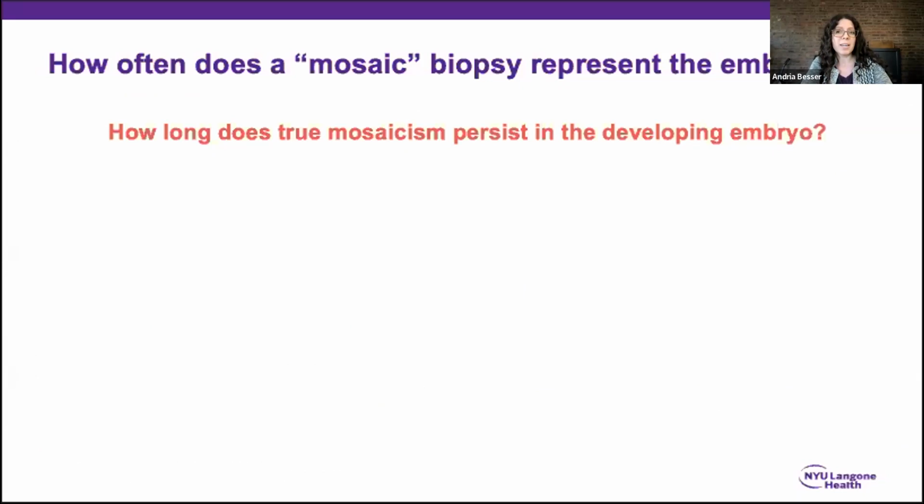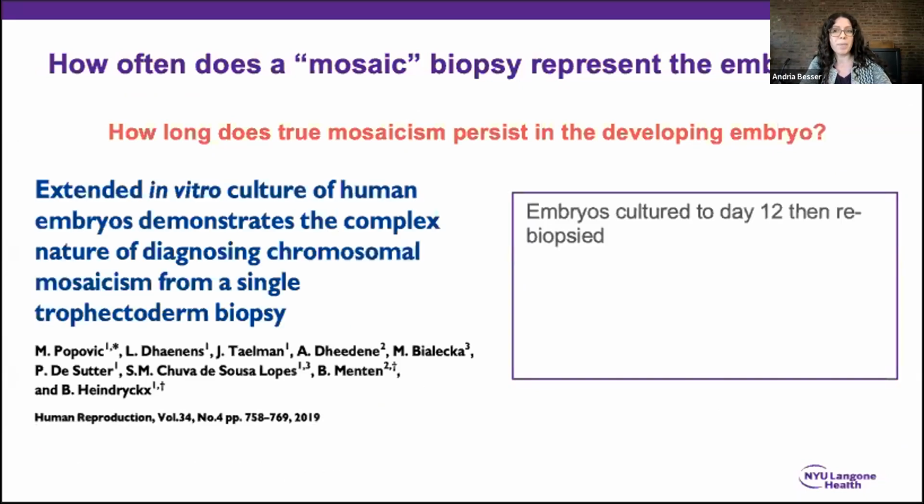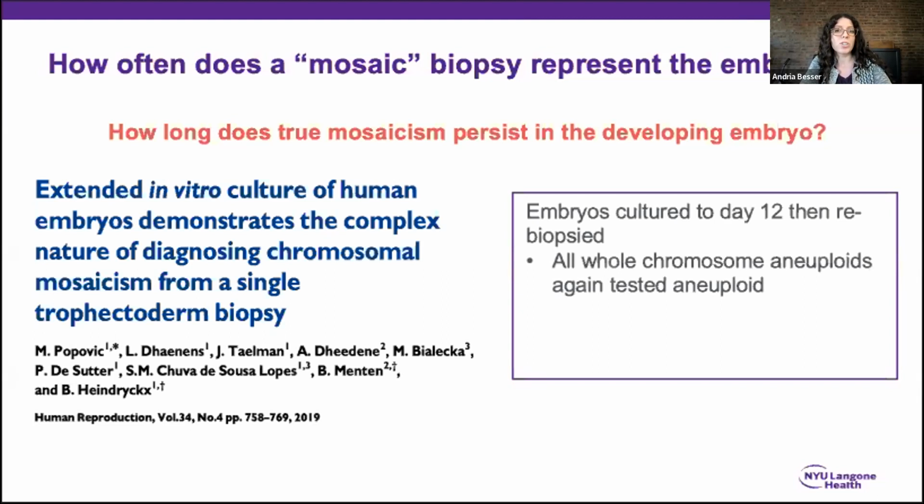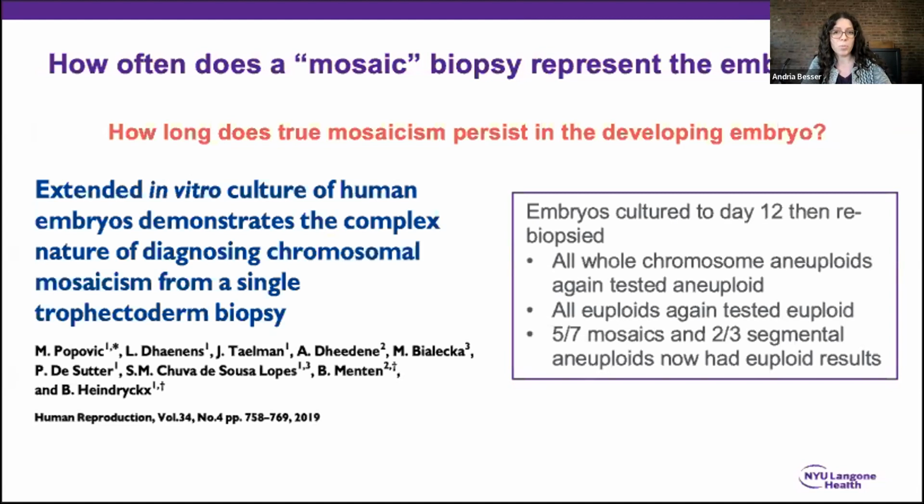But there was one study where the investigators were able to culture some embryos until day 12 before rebiopsying them. And what they found was that all the embryos originally diagnosed with whole chromosome aneuploidies and all of the embryos originally diagnosed as euploid still showed the same results on day 12. However, when they looked at mosaics and segmental aneuploids on day 12, a lot of those were now yielding euploid results.